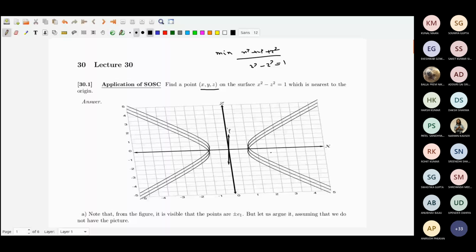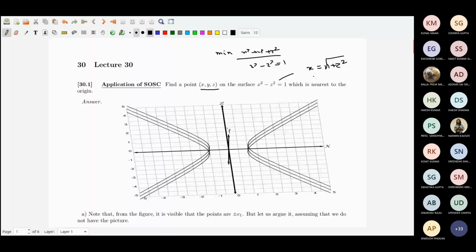The way it would look like, it would be x equal to plus or minus square root of 1 plus z square, so that would be the structure. It's kind of y equal to square root 1 plus x square, that kind of a picture.